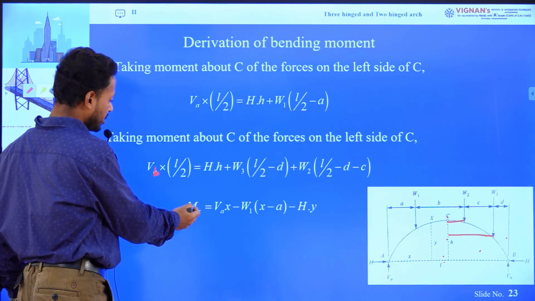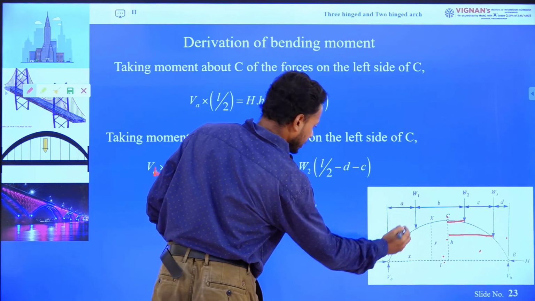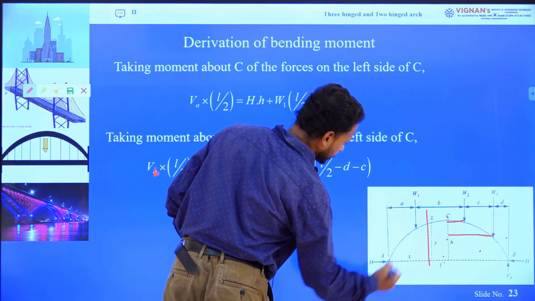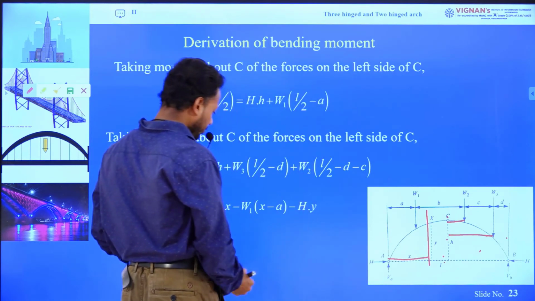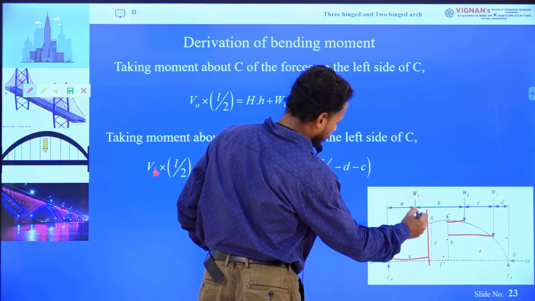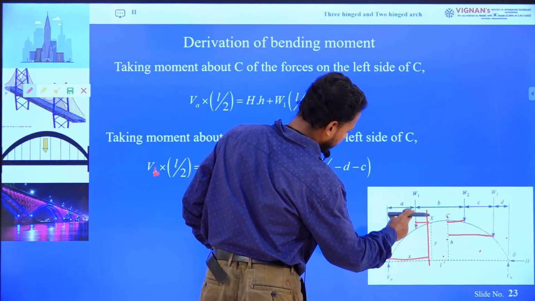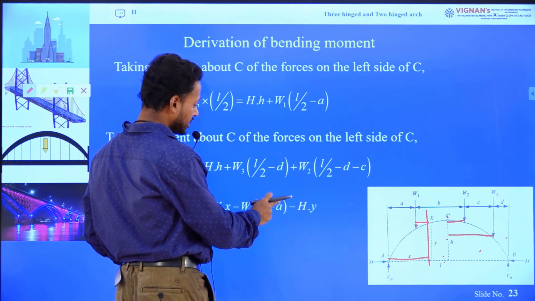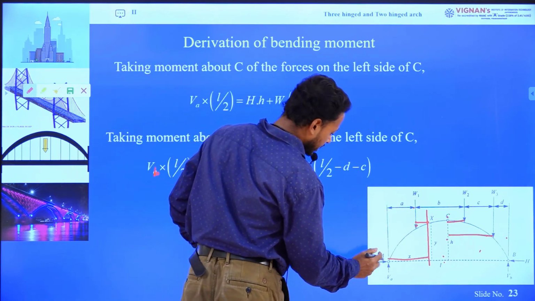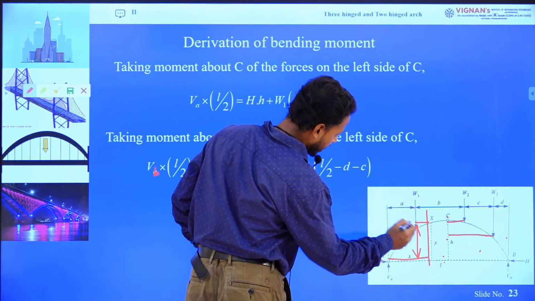So the bending moment at any cross section will be VA, suppose this cross section we are considering, so VA into x minus W1 into this distance. What is this distance? x minus a. So we have written here minus W1 into x minus a, minus H into this ordinate, that is y.